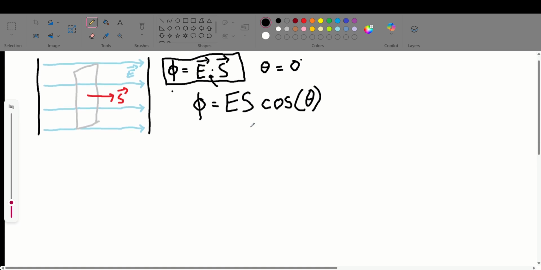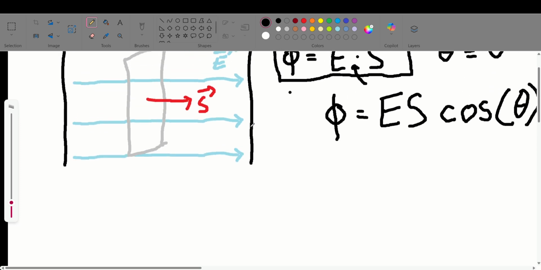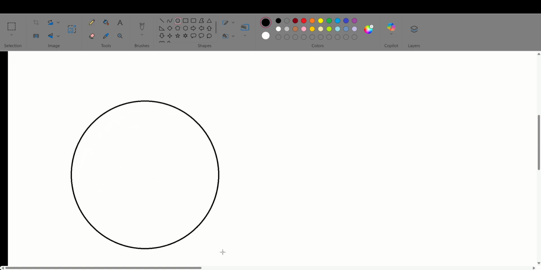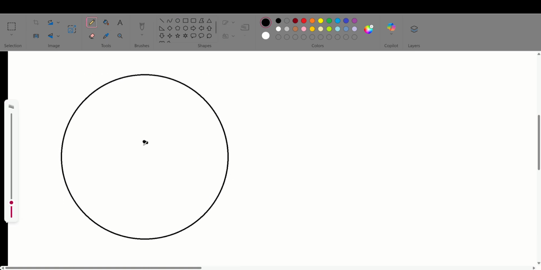Now let's talk about Gauss's law. Gauss's law deals with the electric flux through a sphere, or like the electric flux through a body which encloses a charge. Let's specifically talk about a sphere here. So now let's say the sphere contains a charge q within itself.